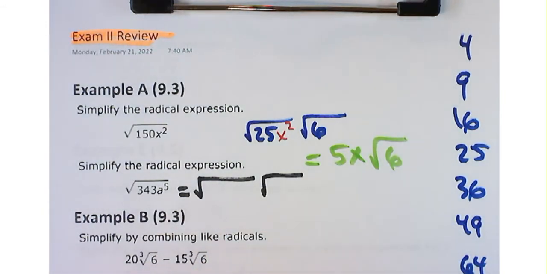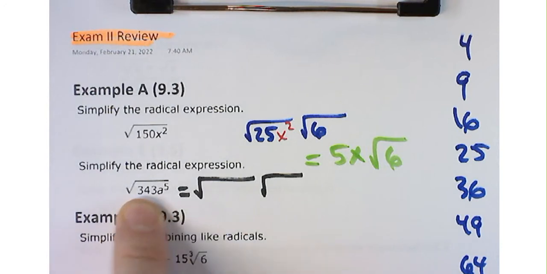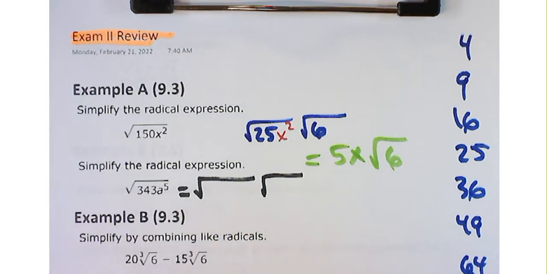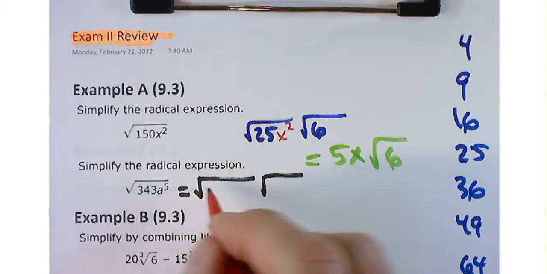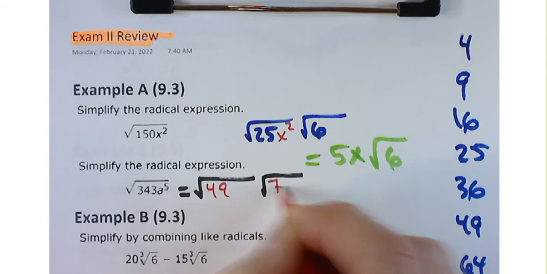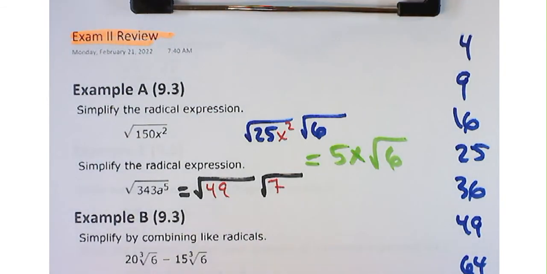Now, as far as numbers that go into 343 evenly, I'm thinking 7 goes in there 7 times, or 49 times, right? 49 times 7 gives me 343. So here's your perfect square part, here's the other part.